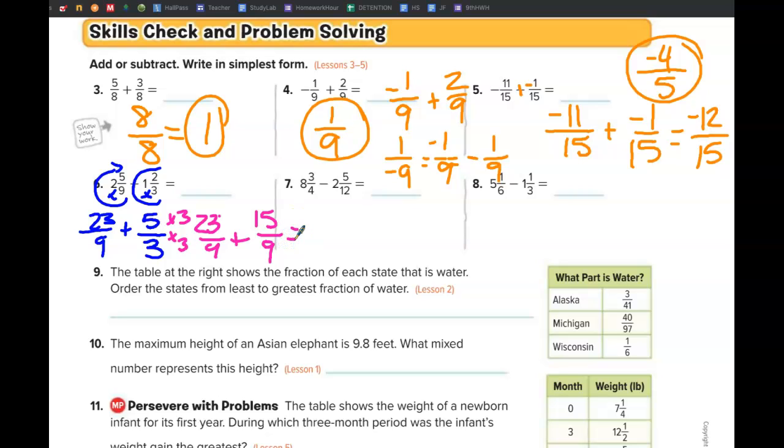Connor says 38. And then over 9. How many times can 9 go into 38? 4. And what would you have left over? 2 ninths. Thumbs up if you got that one.